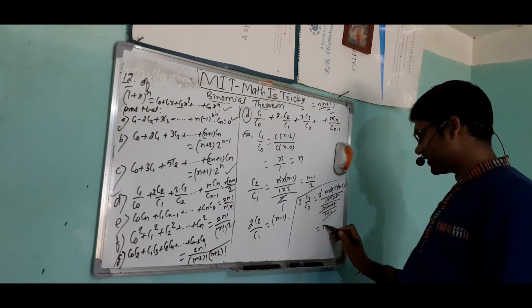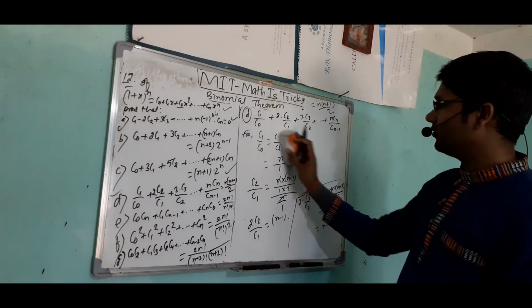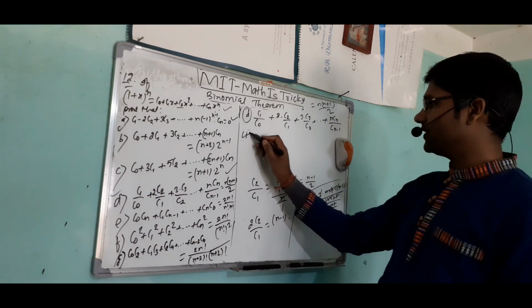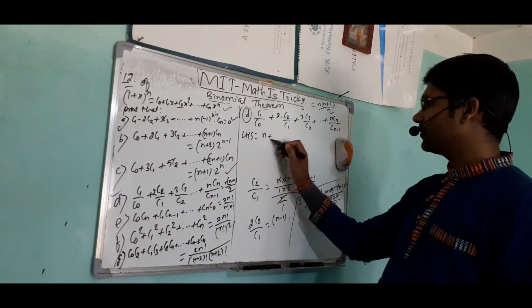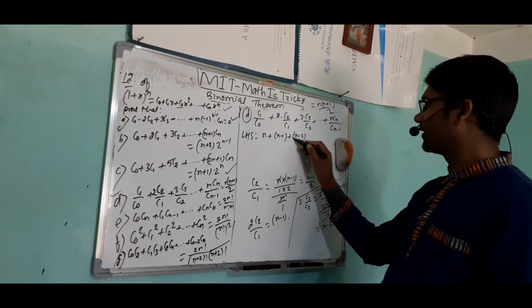So we are getting here n-2. So now look, if you substitute these values, LHS becomes n + (n-1) + (n-2) and so on.